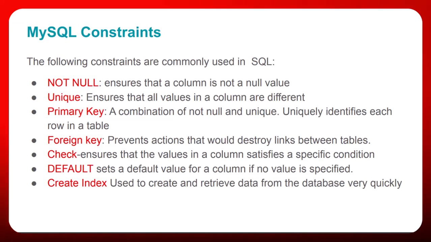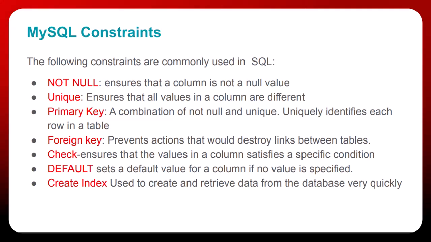And foreign key prevents actions that would destroy links between tables, okay? Because remember that a foreign key is the column that allows us to make a link between tables. Check ensures that the values in a column satisfy specific conditions. So for example, I want the age, all the values should be positive, otherwise it doesn't make sense.